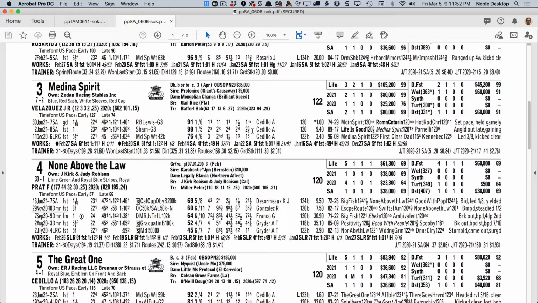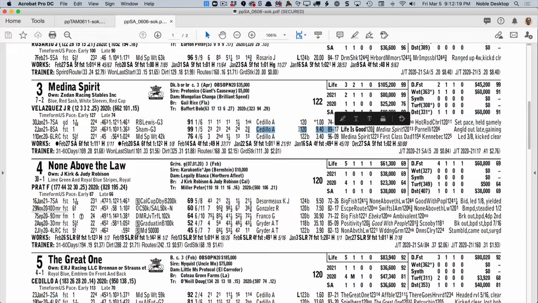Medina Spirit is really interesting. He won his first race with a 76 Beyer speed figure at 5.5 furlongs. Then in his next race, he went up against Life is Good, and he was only 3/4 of a length behind, and 13 lengths ahead of the third place horse. That was a pretty impressive race.